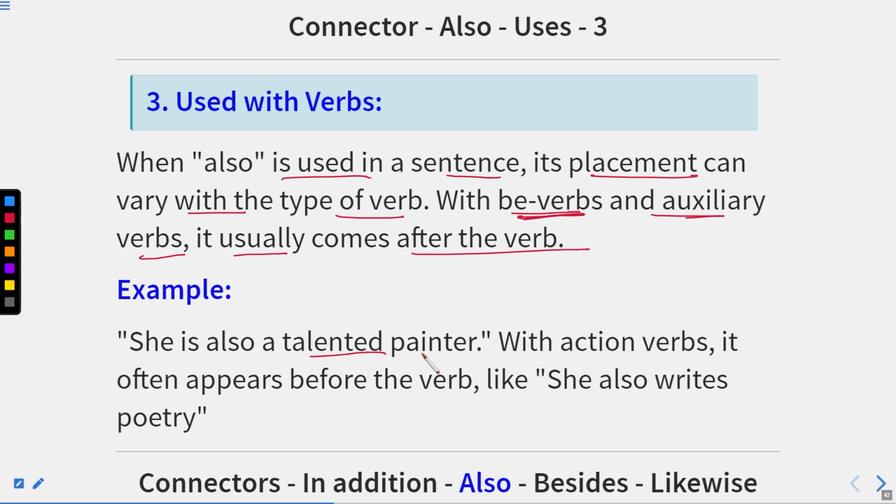"She is also a talented painter." Here "is" is an auxiliary verb and "also" is used after it. With action verbs, or main verbs, it often appears before the verb, like "She also writes poetry." Here "writes" is the main verb, or the action verb, before which we are using "also."